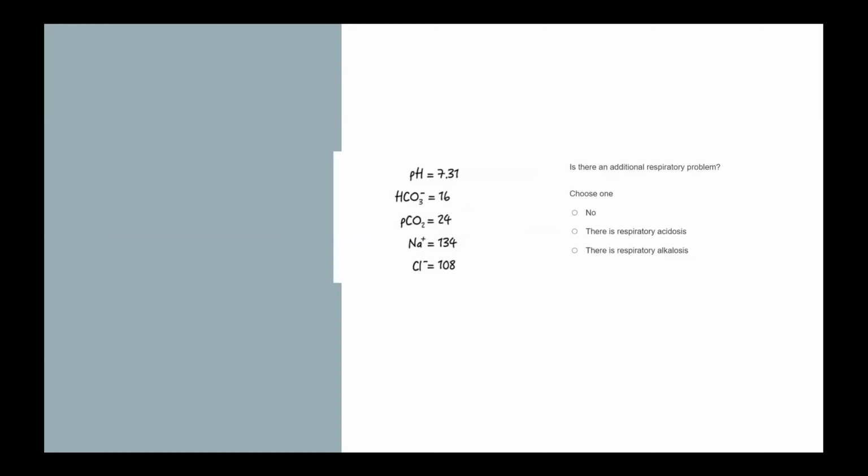Check the anion gap as delta anion gap. Check the corrected bicarbonate level, whether it is high or low, and check the compensation.